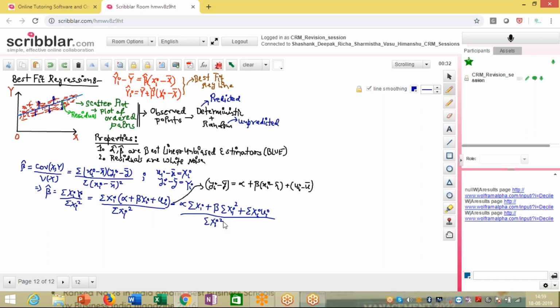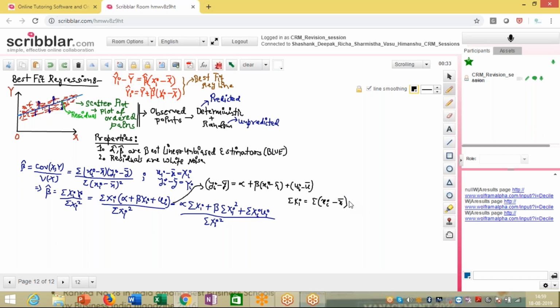Now comes the interesting part. What is the value of this summation xi? Let's have a look. Summation xi over here is equal to summation xi minus x bar.